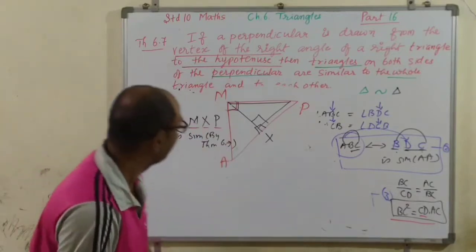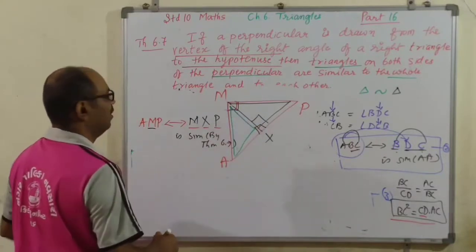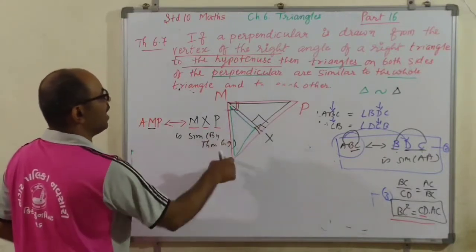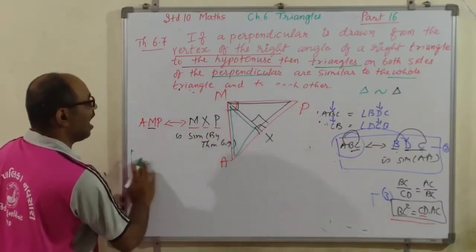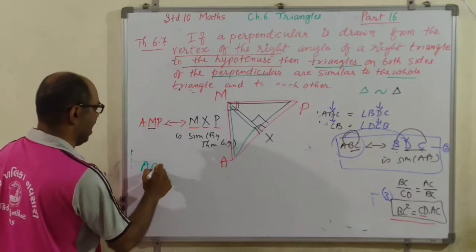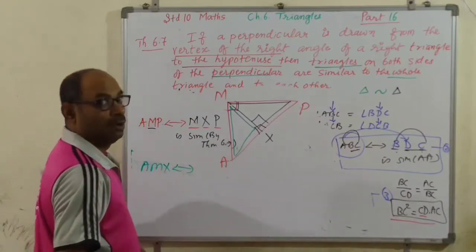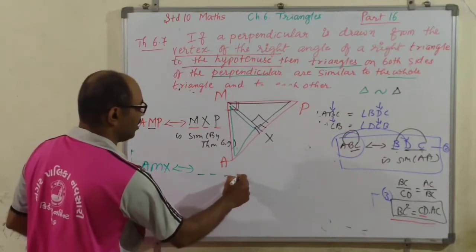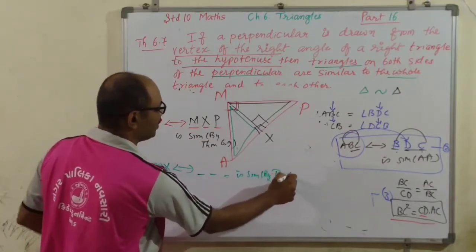Now let's see this green part. All right, let me name it AMX. All right, I'll take this. Okay, AMX corresponds to, say, dash dash dash is a similarity by theorem 6.7.